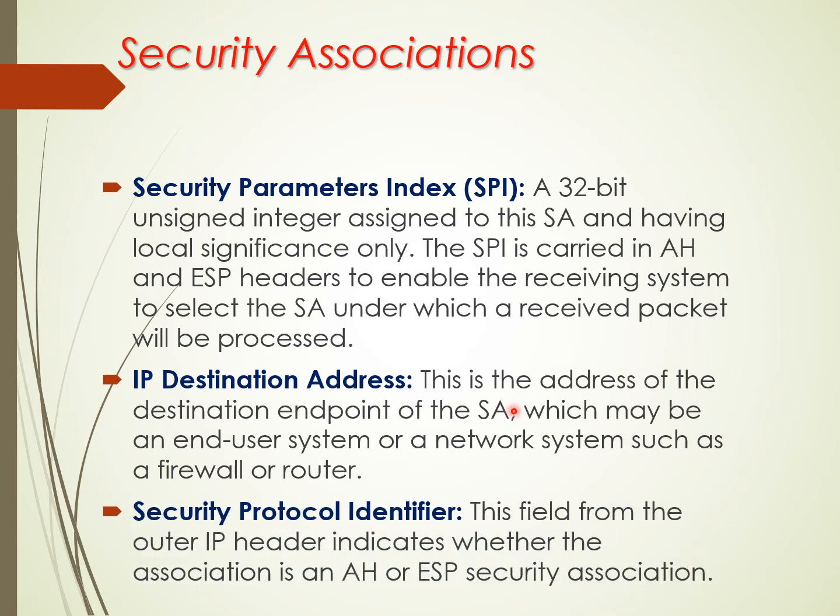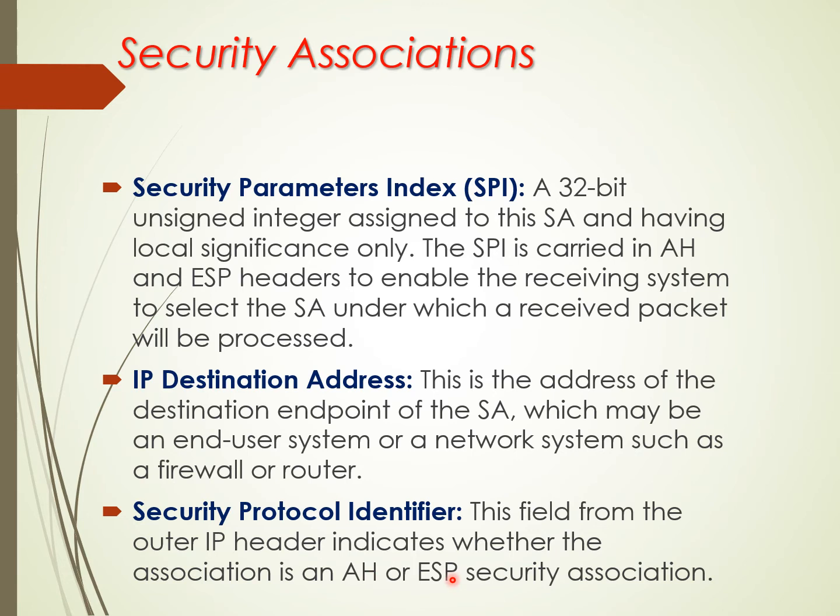One more parameter associated with the security association is the security protocol identifier. This field from the outer IP header indicates whether the association is an AH or ESP security association.